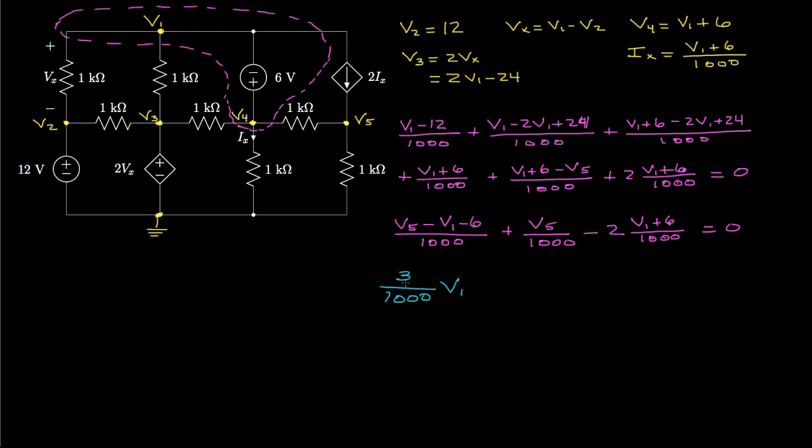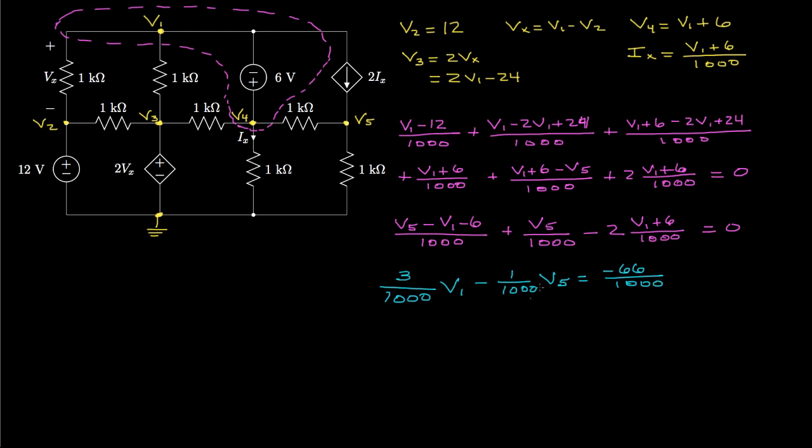We'll be left with 3. And then we take all the terms that multiply V5, and that should give us minus 1 over 1000 times V5. And then if we take all of the constant terms, group those together, move them to the other side, we'll have a negative 66 over 1000.